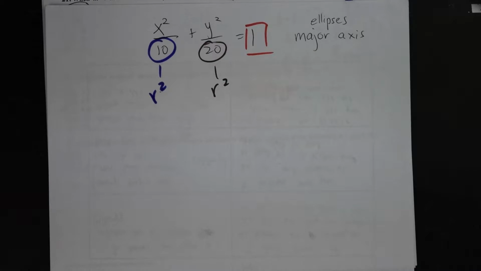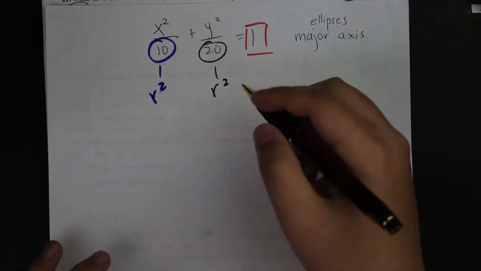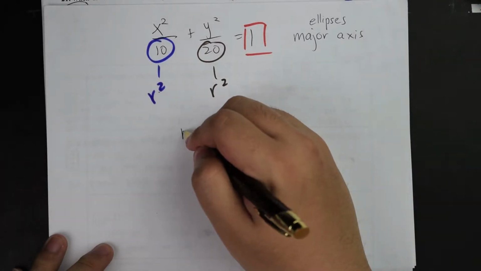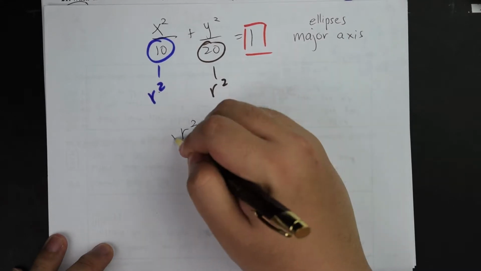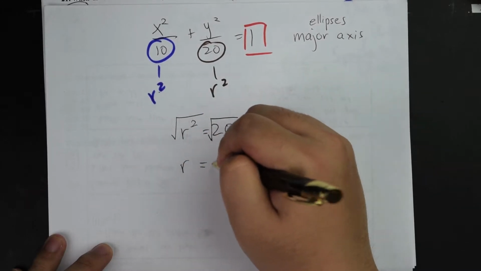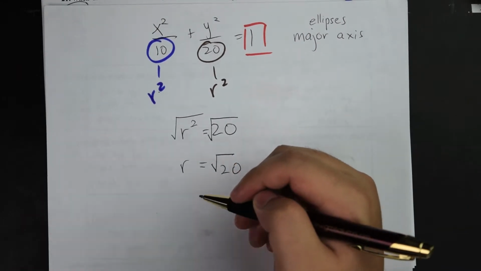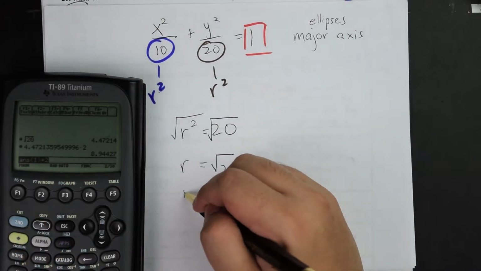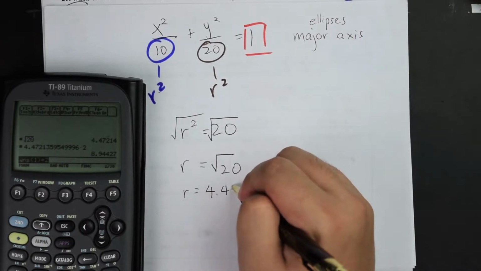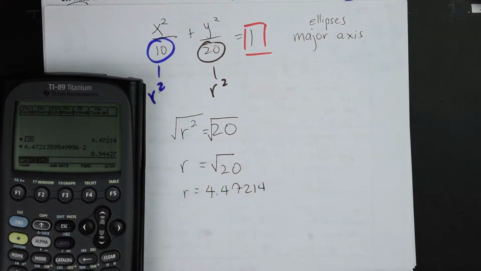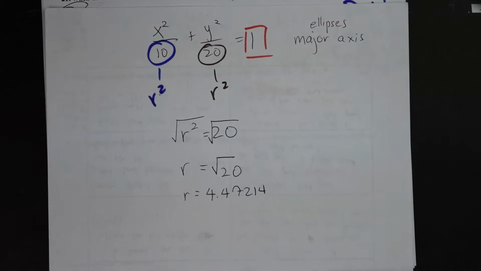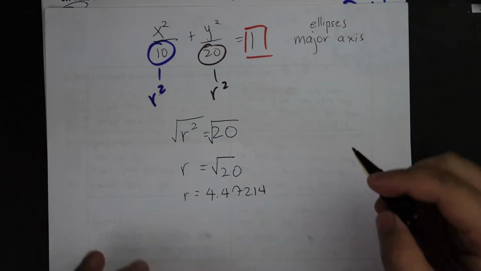So the first thing I did was look for r, by thinking that r squared equals 20. I need to square root both sides and find the square root of 20. On the calculator, when I solved it on the TI-89, I found that r equals 4.47214.